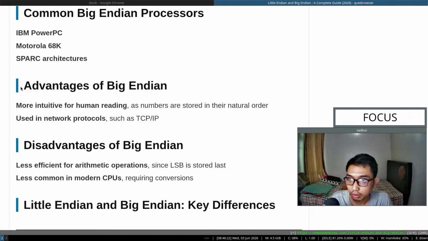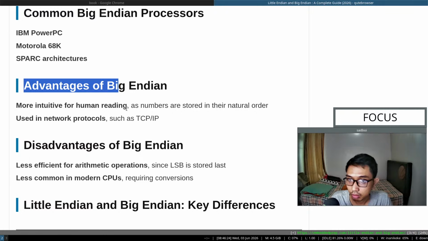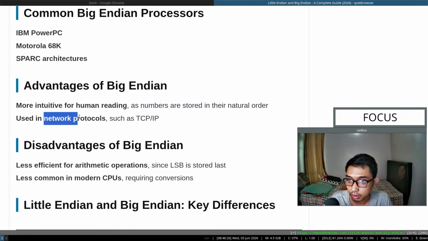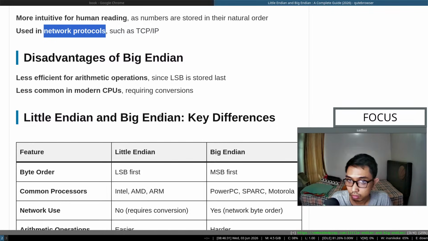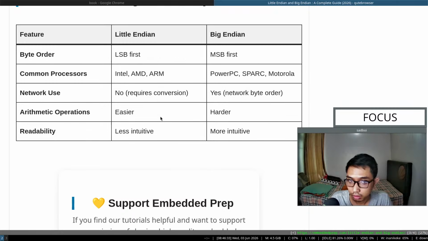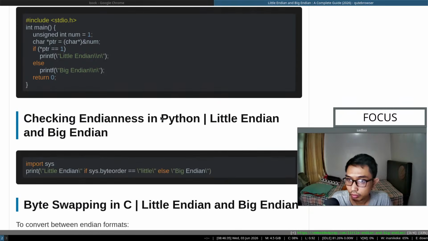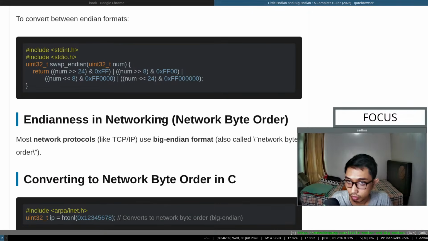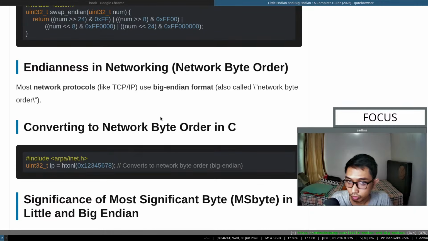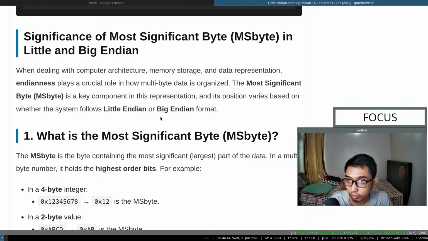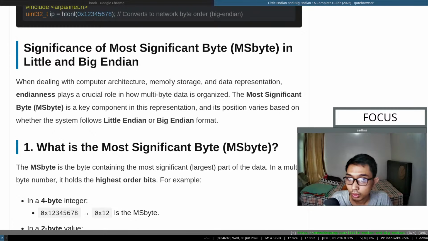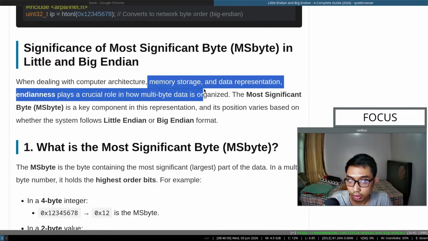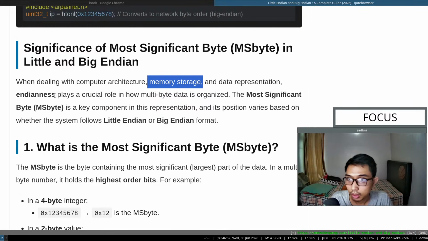The advantage of big endian: more intuitive, usually used in network protocol. Okay. Memory storage and data representation.